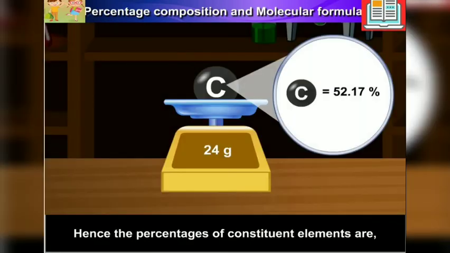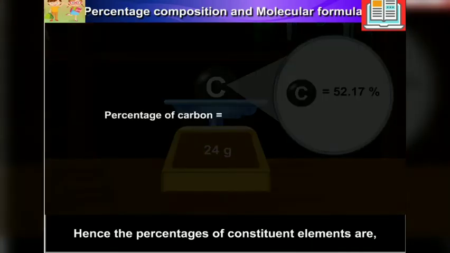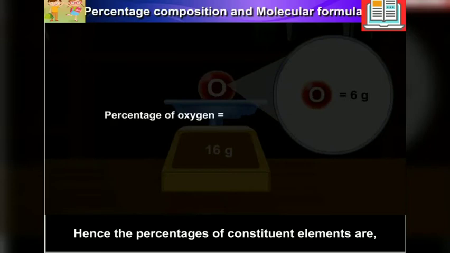Hence the percentages of constituent elements are: percentage of carbon equals 24 upon 46 into 100 equals 52.17%. Percentage of oxygen equals 16 upon 46 into 100 equals 34.78%.